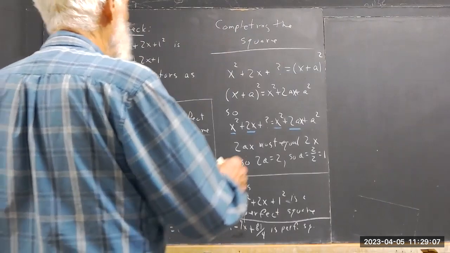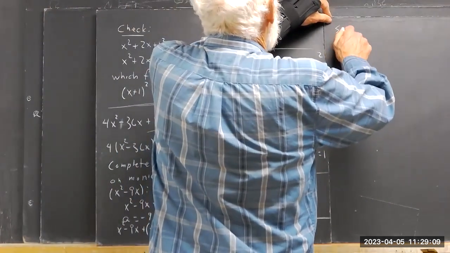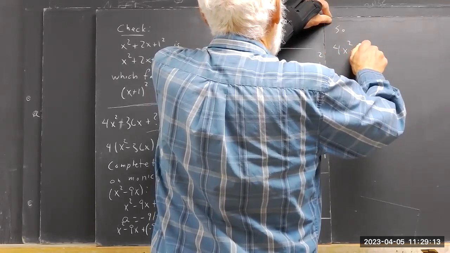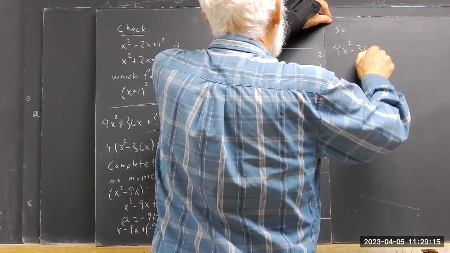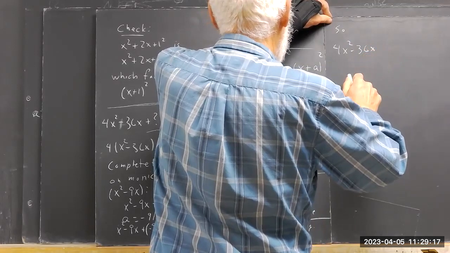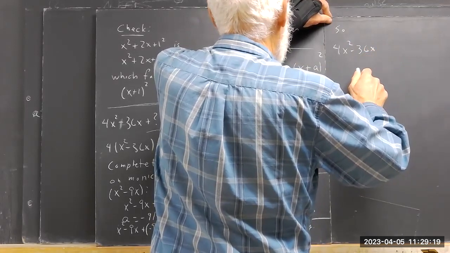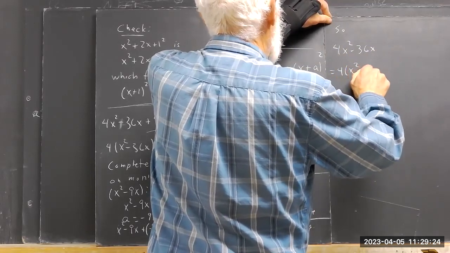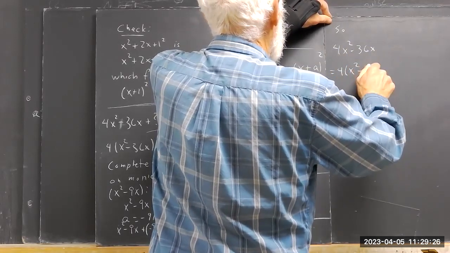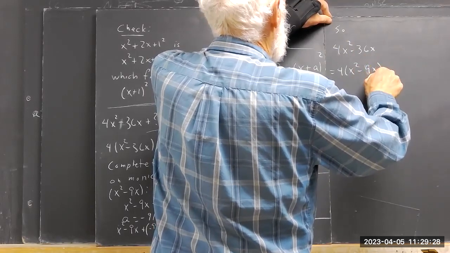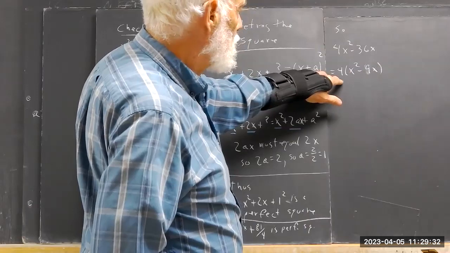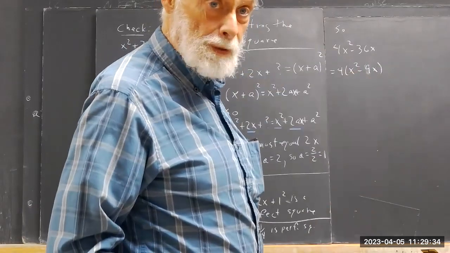Okay, so the 4x squared minus 36x is 4 times x squared minus 9x.